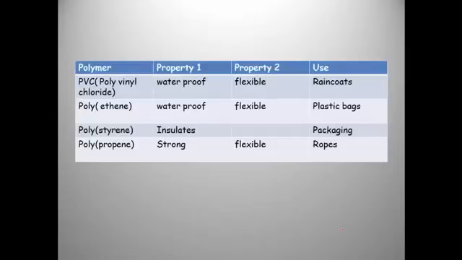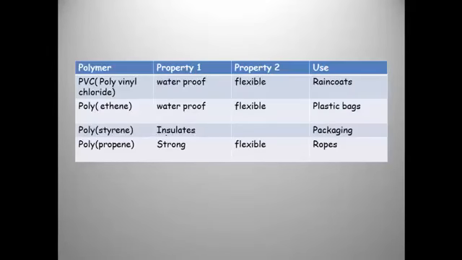Now, the thing about polymers is you also need to know the uses. So PVC, it's waterproof, flexible, use it in raincoats. Polyethylene, which is a different polymer, obviously it's just ethene molecules joined up together, is also waterproof and flexible, but it's very, very thin, so instead of using it for raincoats like you'd use PVC, you use it for plastic bags.